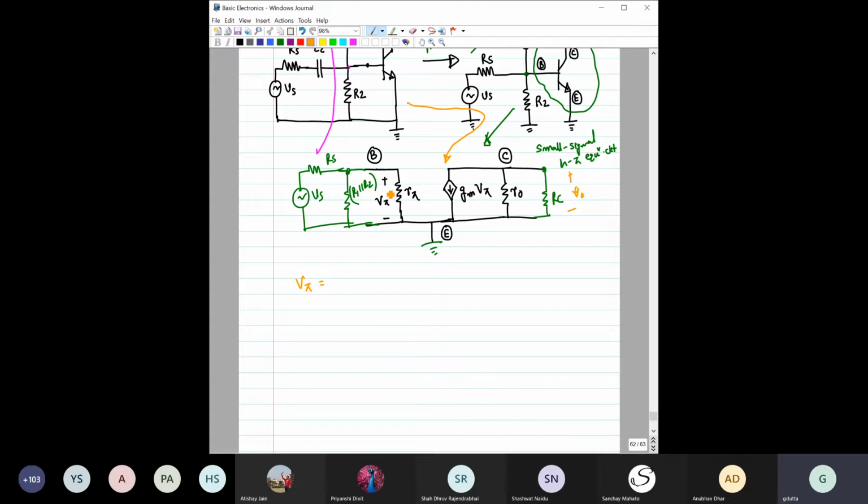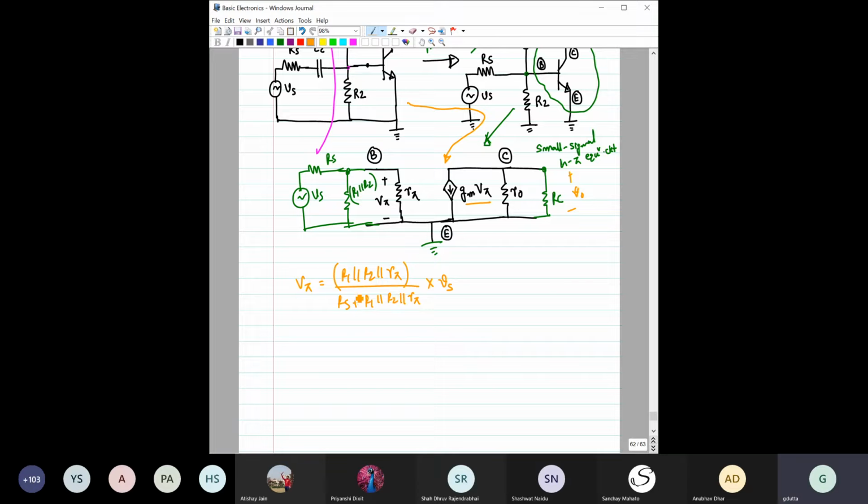So first we have to find what is V pi, right? Because if we do not know V pi, then we cannot find the current here. So let us find V pi. From here it is quite easy, it will be just simple voltage division. So V pi would be this divided by Rs plus R1 parallel R2 parallel R pi, into Vs. Please check, is this correct?